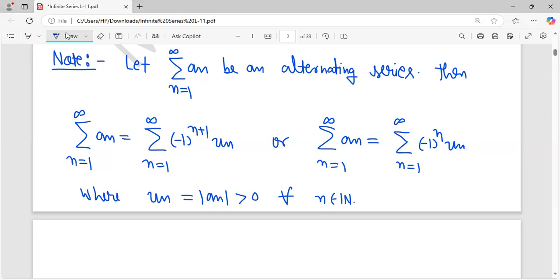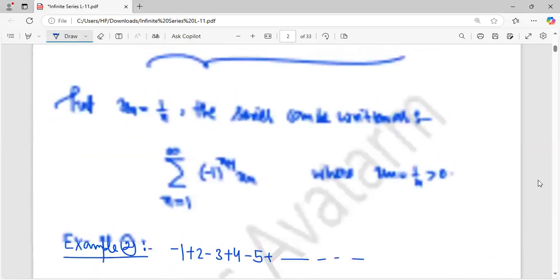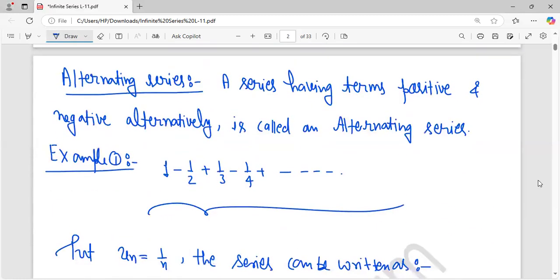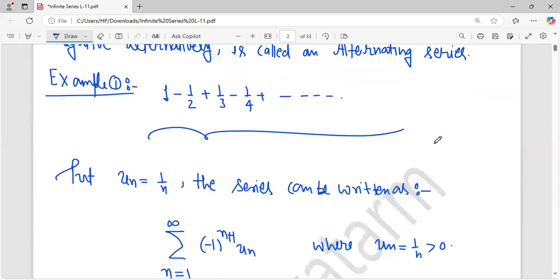And actually here you see in example 1, un is nothing but, you see that un is an. What is an here? An is minus 1 to the power n plus 1 upon n. So you see that an is this, and un is nothing but 1 upon n.